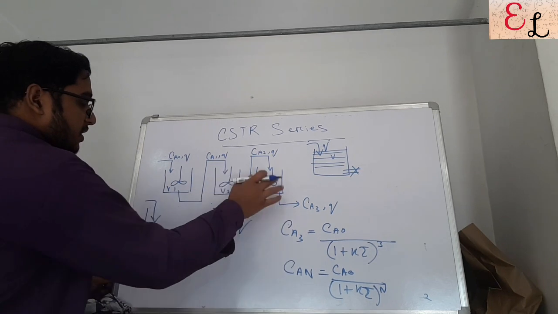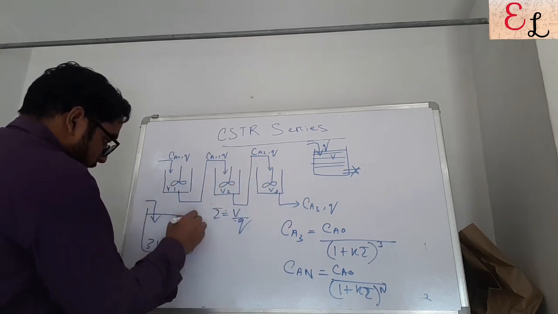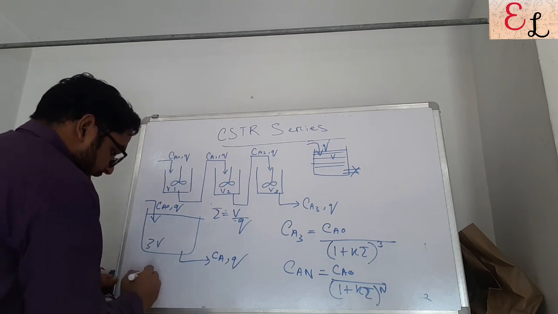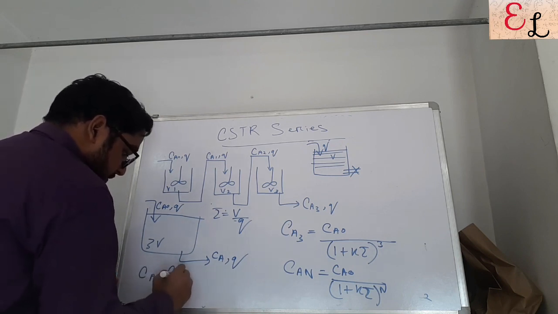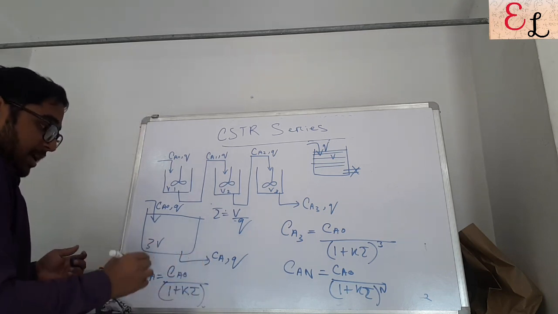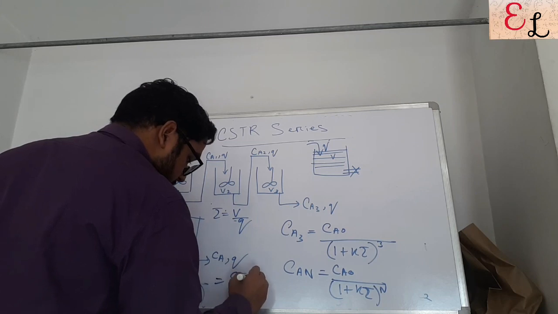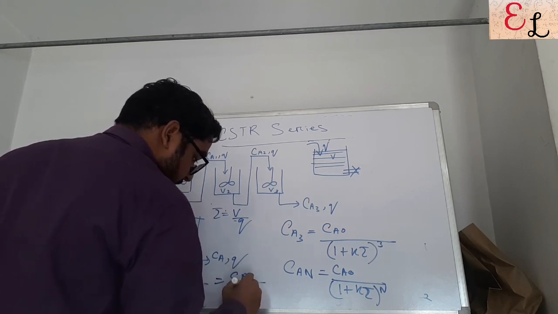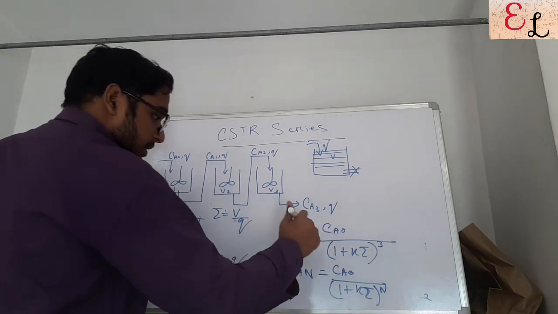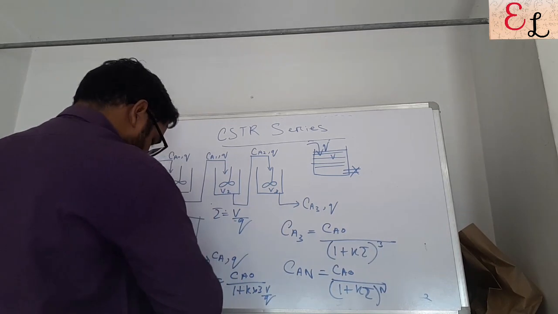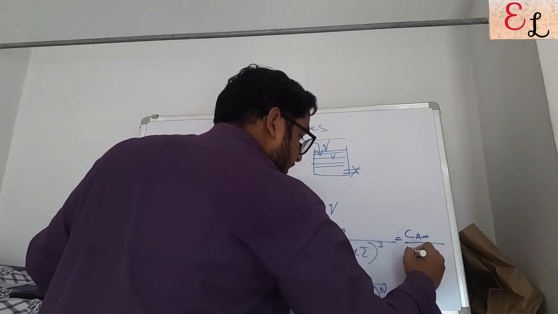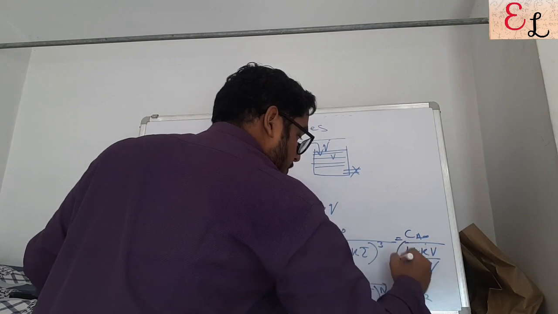It is entering at Ca naught, Q and exiting at Ca, Q. So again, Ca is going to be Ca naught by 1 plus k tau, single step, and here tau is 3V by Q. For the series, the exit concentration from the third reactor is Ca naught by 1 plus k V by Q, whole to the power 3.